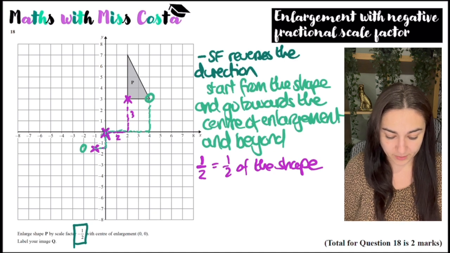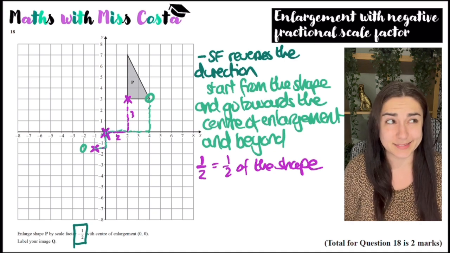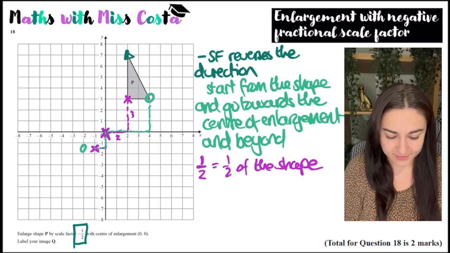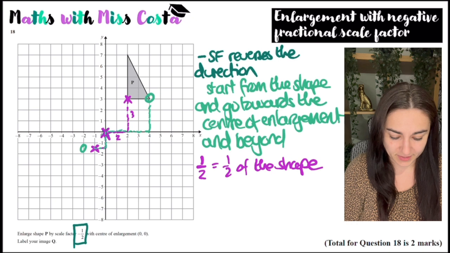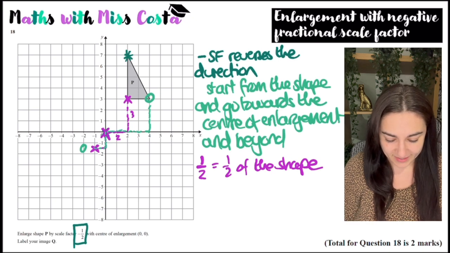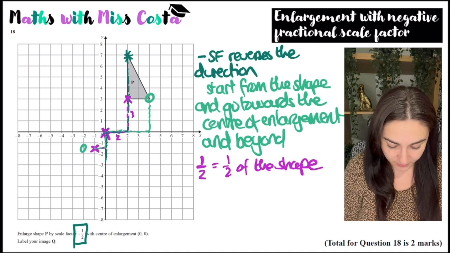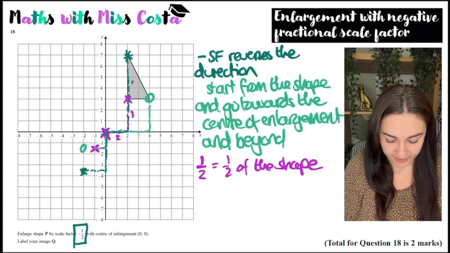And for my last point, what shall I do? I could do a triangle. So this little point here, actually no, I'll do a star. That's much nicer. So a little star. I go down 7 and across 2. So I'm going to have to do half of that. Down 3.5 and across 2. So my little star is going to be there.